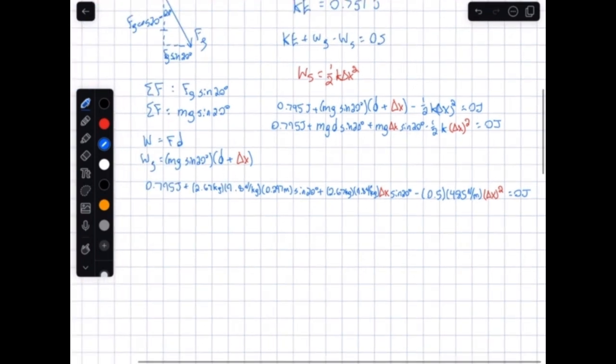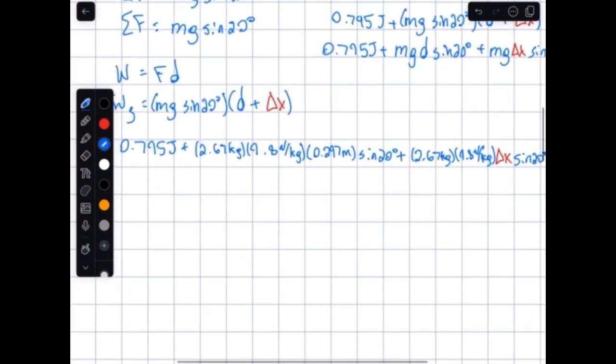Let me do a little bit of, I can't see. 2.67 times 9.8 times 0.297 times the sine of 20. That's 2.65, let's add that to 0.795.